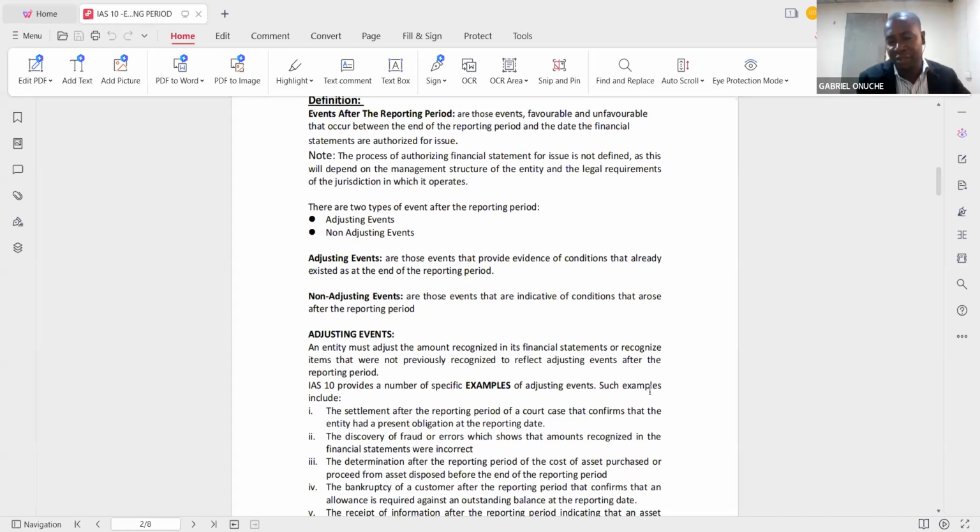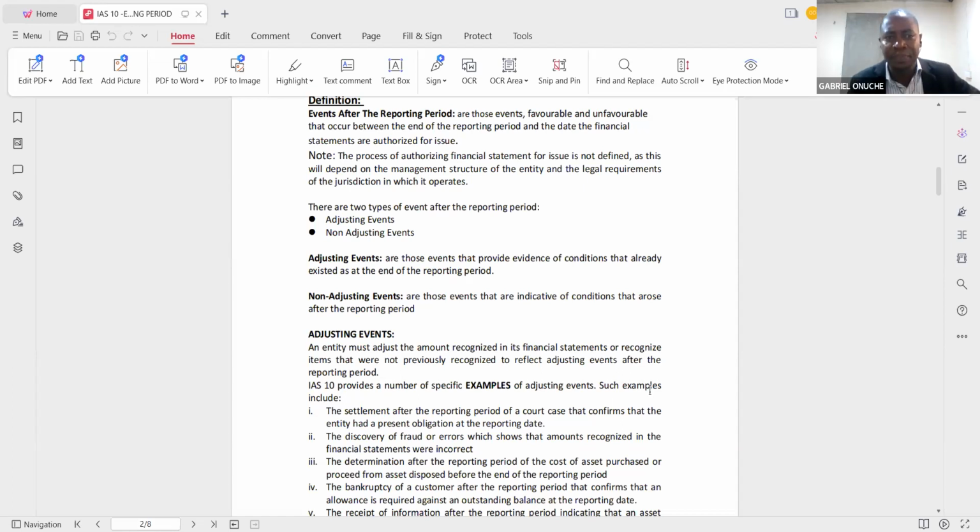There is information, there is evidence already existing at the reporting date, but the event occurs after the reporting date. If they meet this definition, then such an event is an adjusting event. So take note that it must provide evidence of conditions at the reporting date. We are going to look at several examples further to have more understanding.